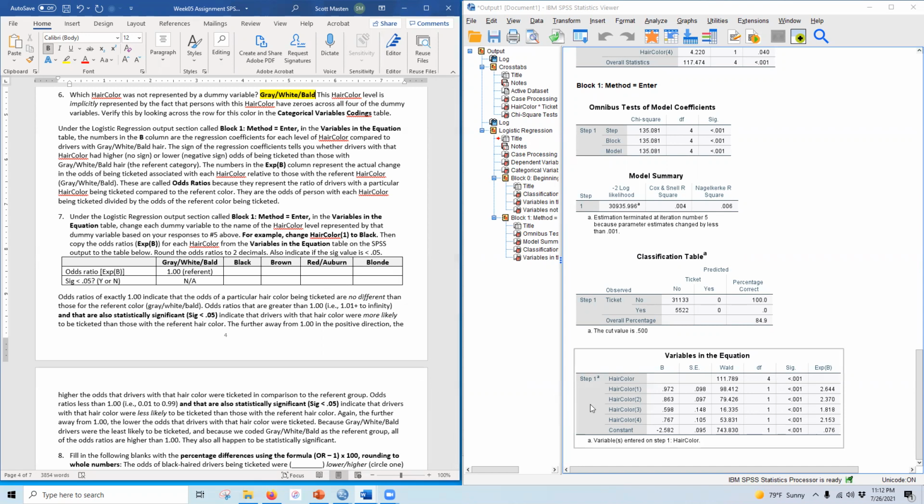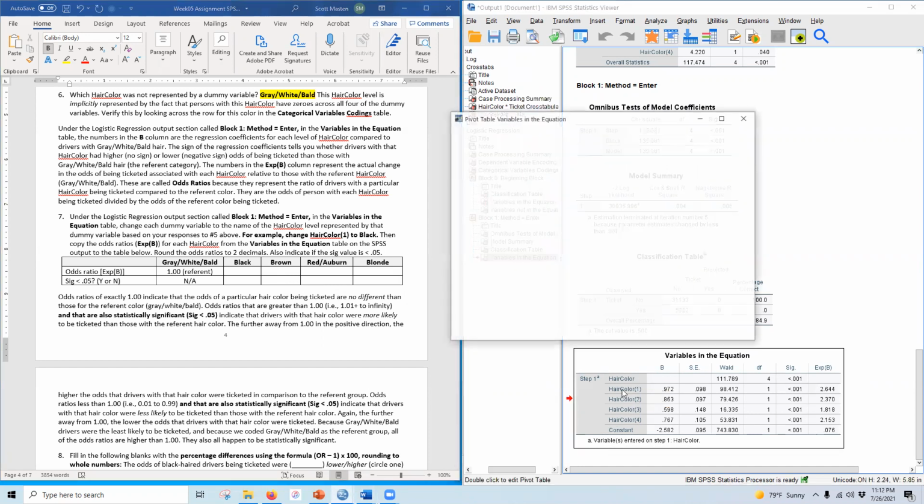What I suggest you actually do here is change these labels to the color represented, black, brown, red/auburn, or blonde, so that this starts making a little bit of sense to you. So again, this is the Omnibus test overall, whether hair color does significantly predict your odds of getting a ticket. So don't do that one. That doesn't have a parentheses number. Start with hair color 1.